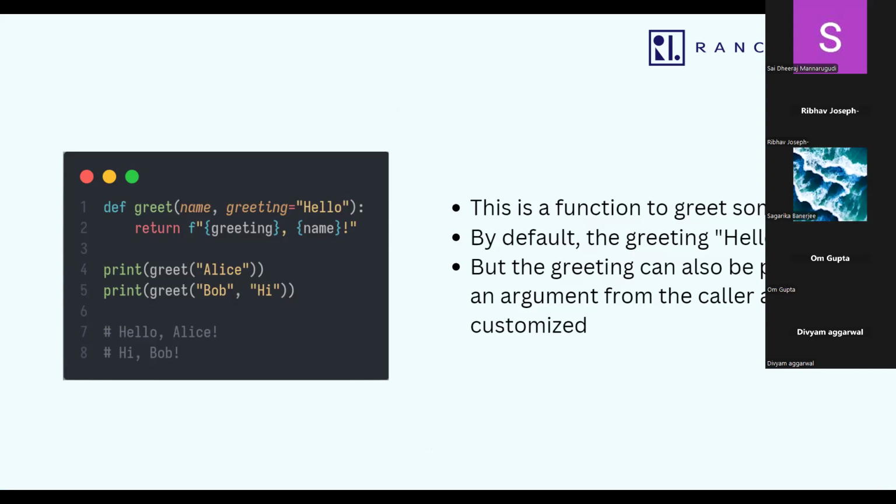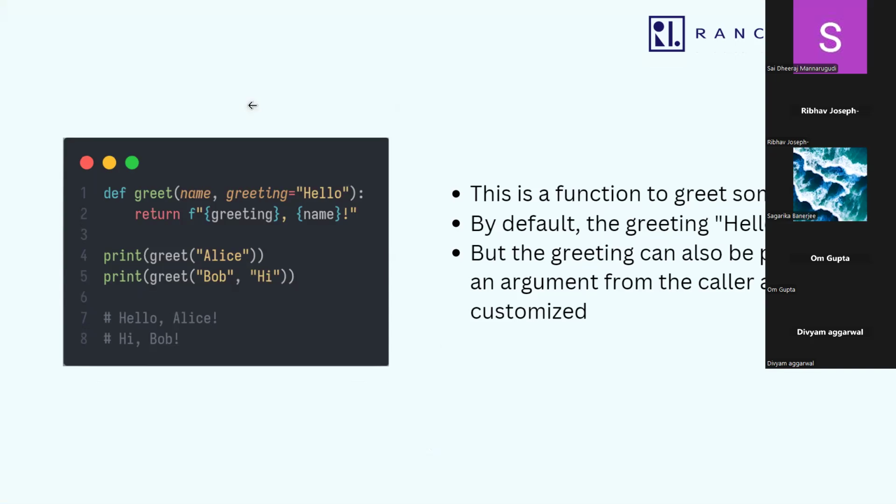So I wanted to know. Here in the second line we've put Bob and then hi, but although we've defined greeting as hello, it's going to change it. I don't understand your question actually. Let me see. Here it's given as Bob, hi, right? Bob is basically the name, and then there's hi.